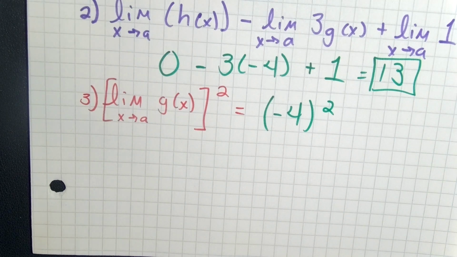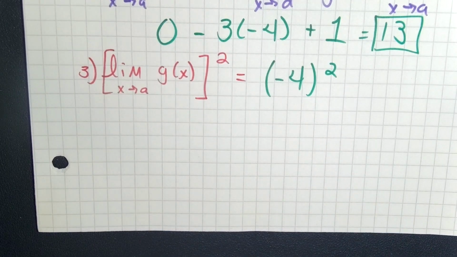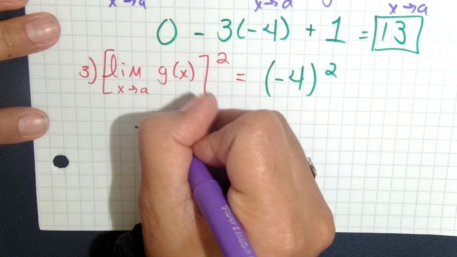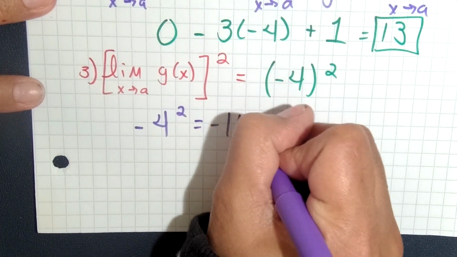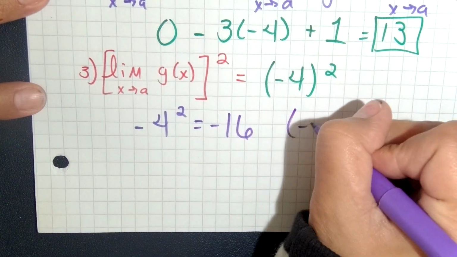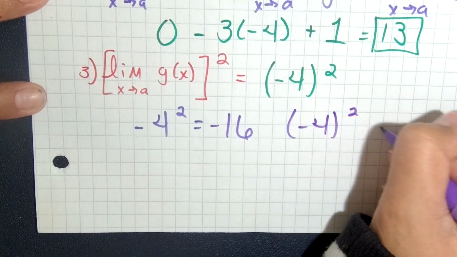Seniors, grab your calculator. I don't know how many times I have to say this to seniors. Put this in your calculator, -4 squared, just like that, no parentheses. It gives you -16, right? Now put in (-4) squared.